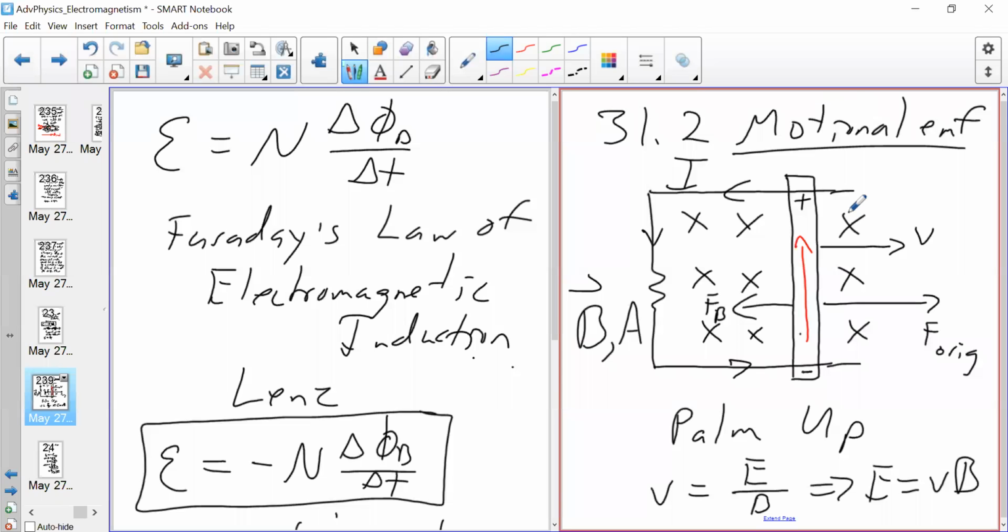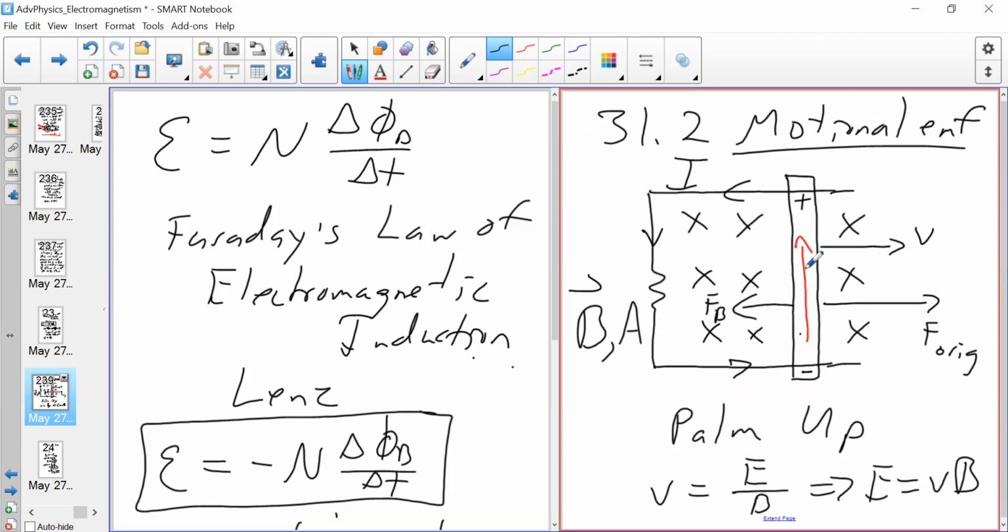Yeah, I do just find it interesting that we're looking at this bar, this conductor, and we're looking at the voltage within the conductor and the voltage within the entire circuit as this moves. So there are two ways that a voltage is produced.